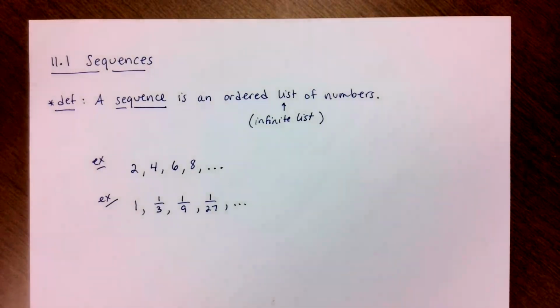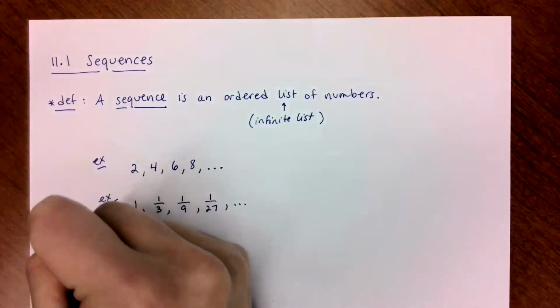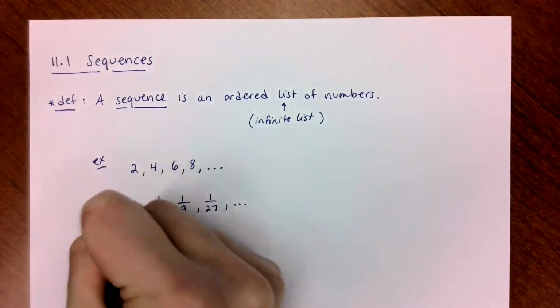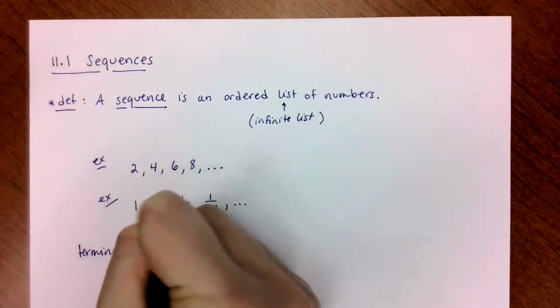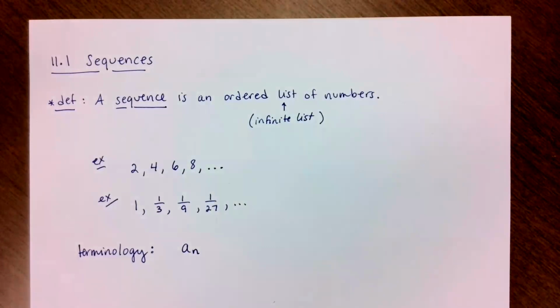So let's talk about kind of terminology, or notation, I guess. Usually it's like this. When I say a sub n, it's supposed to represent the nth term of the sequence.